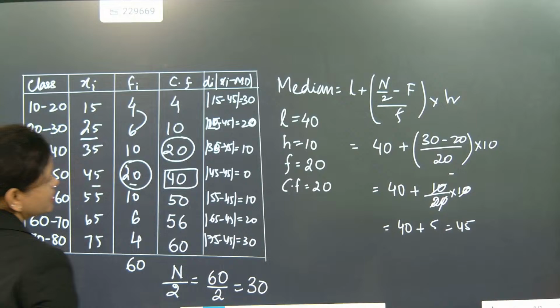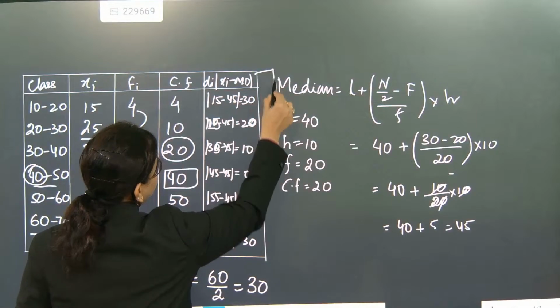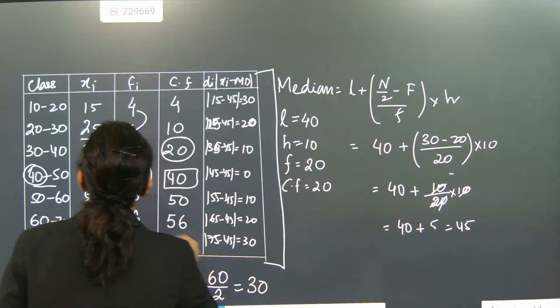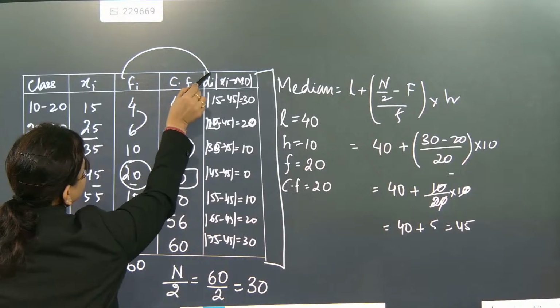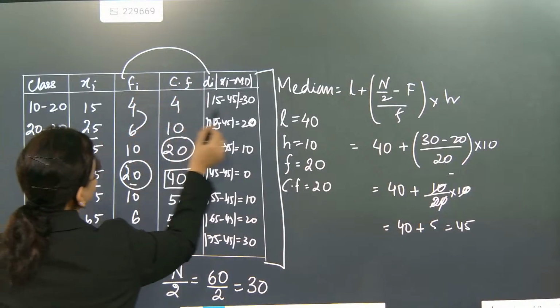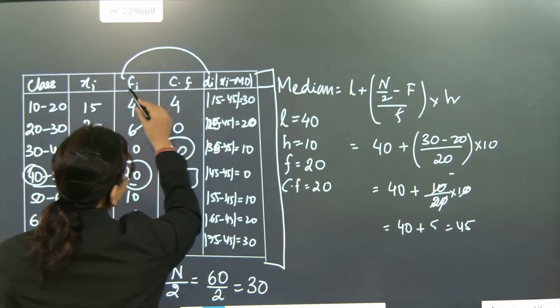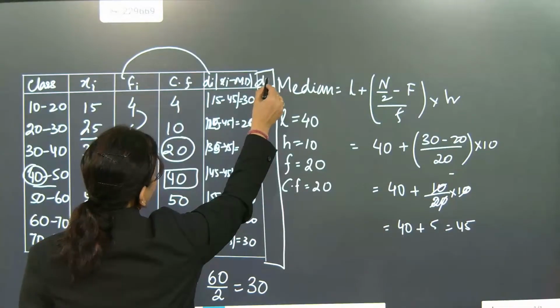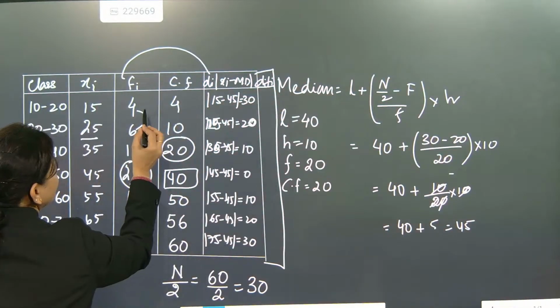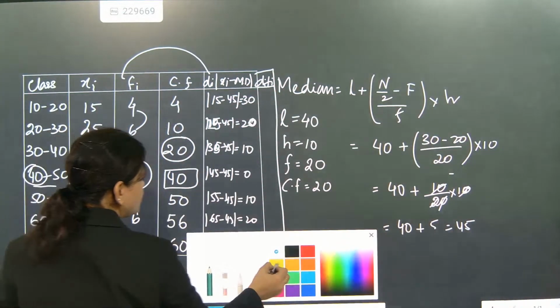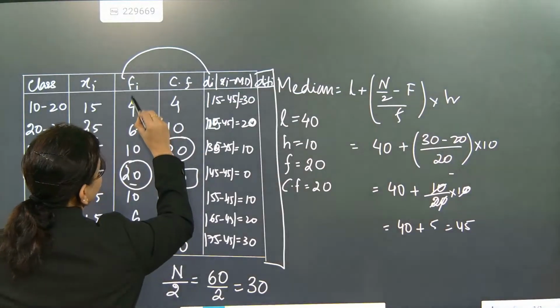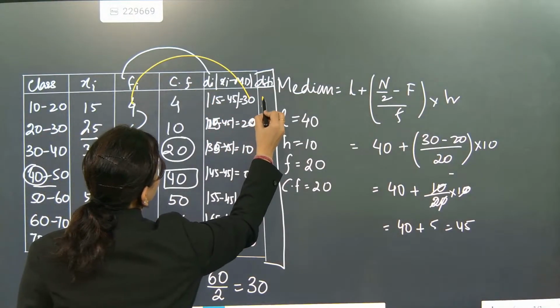Once you get the deviation, after that the deviation will be multiplied with the frequency. Okay, so now 30 into 4, how much? That is exactly important. Now we have to find f_i d_i. So 30 will multiply with 4, so it will become 120.